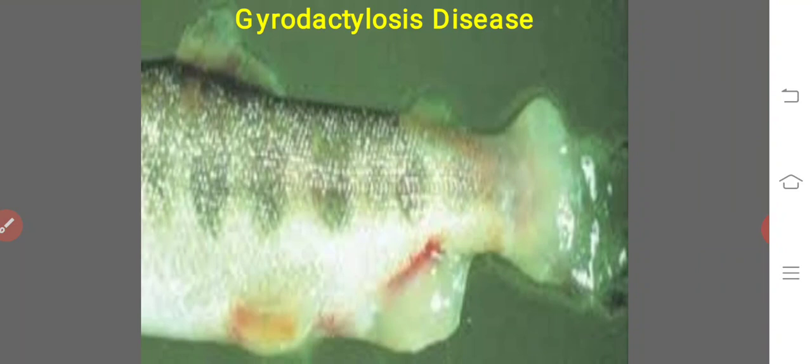Other helminthic parasites also cause various diseases, like Botryocephalus, Clinostomum, Diphyllobothrium, Diplostomum, and spiny-headed worms. Acanthocephala causes disease in fishes. Nematodes also cause disease in fishes, of which some of the common nematodes are Philometra and Camallanus.